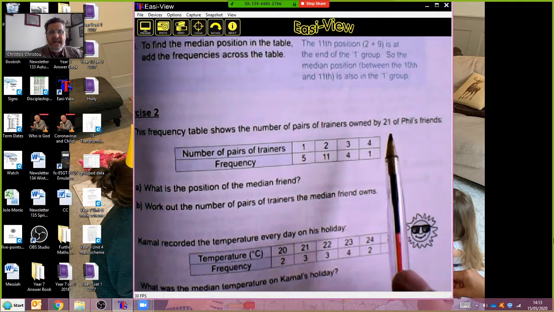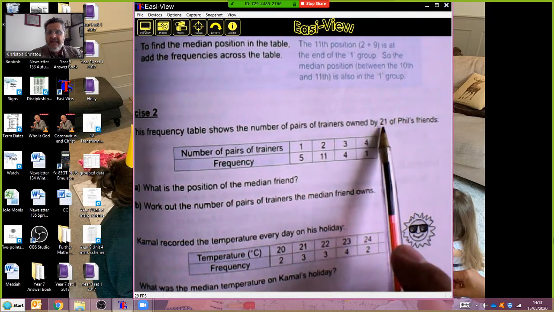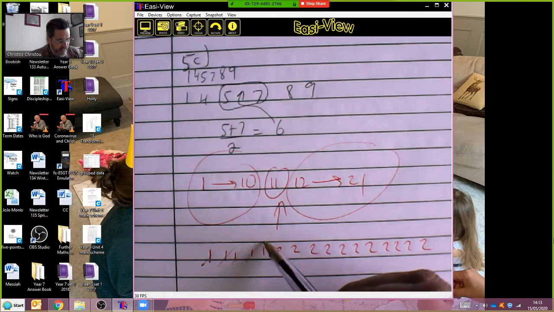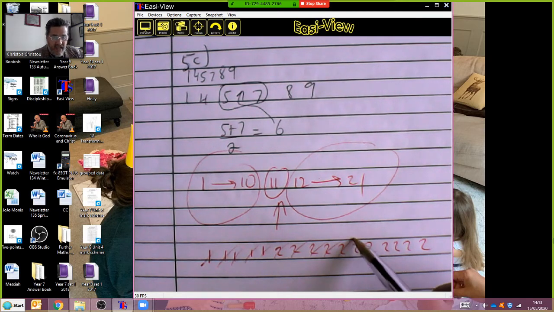Well, it's above 10, because 10 is roughly in the middle, 11 is definitely in the middle, and I've got all these people. Now I want to find the 11th person. Okay, 1, 2, 3, 4, 5, 6, 7, 8, 9, 10, 11. Yet the 11th person has definitely got 2 pairs of trainers.